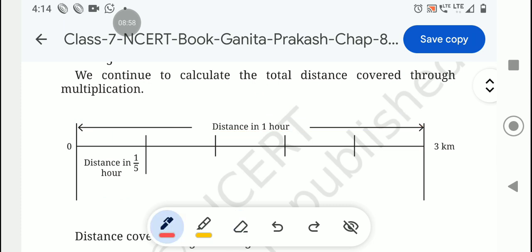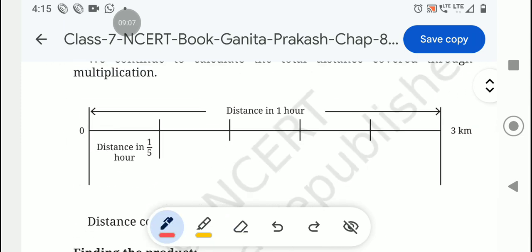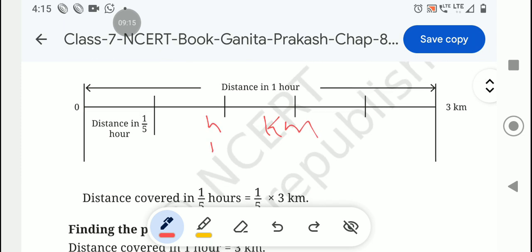You can use the previous steps, how we did normally. How will we get this? You can use the cross multiplication method. The cross multiplication method is hours and kilometers. Here this is 1 hour and this is 1/5 hour, and this is 3 kilometers and this we take as x. With this we should find.